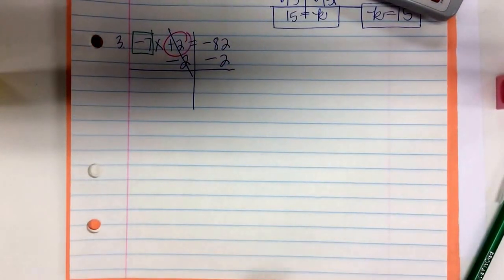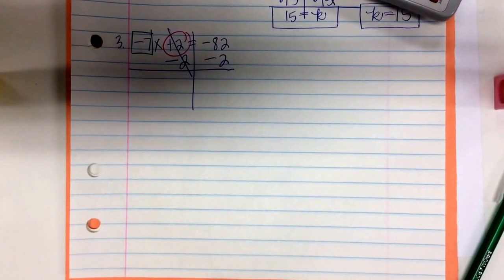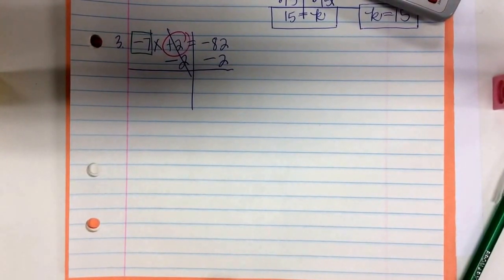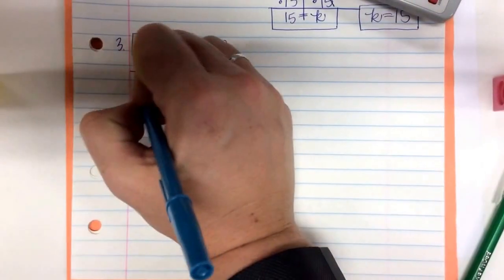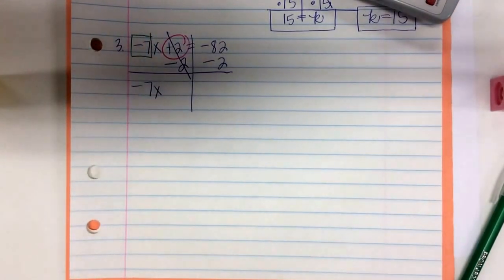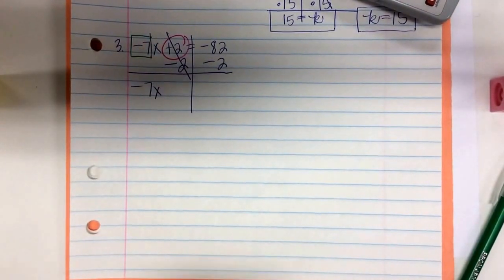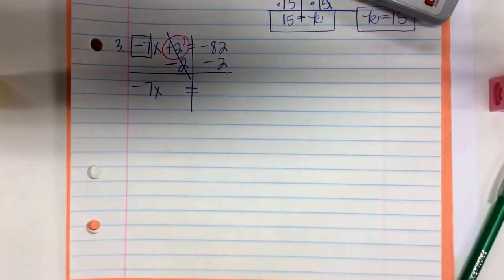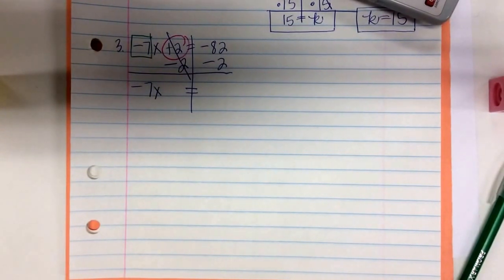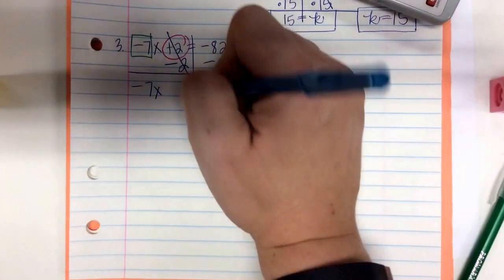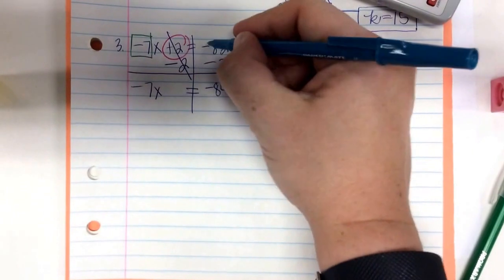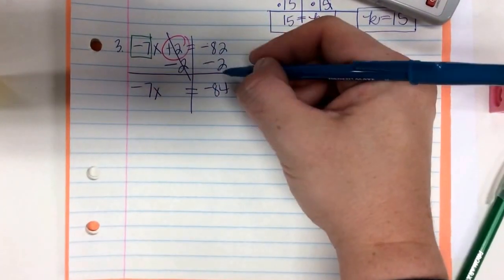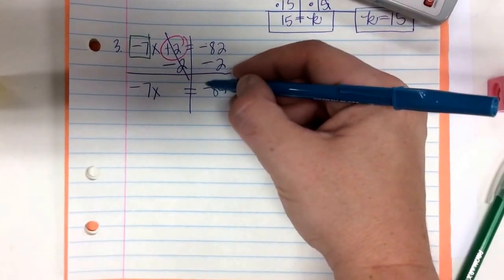My negative 2's cancel out because they're opposites. And I'm left with negative 7x on the left side. On the right side, what do I get? Negative 84. If the signs are the same, find the sum, keep the sign.